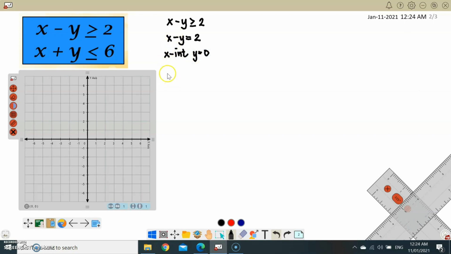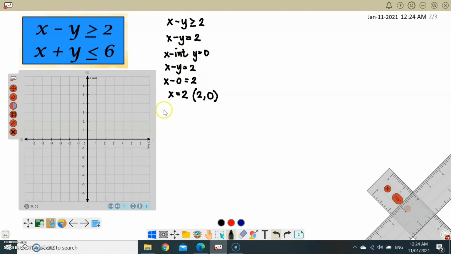So using the obtained equation, x minus y is equal to 2, we're going to substitute the value of y, which is equal to 0. So we now have x minus 0 is equal to positive 2. X minus 0 is x equal to 2. So we have x-intercept as positive 2, and the coordinate of x-intercept is 2, 0.